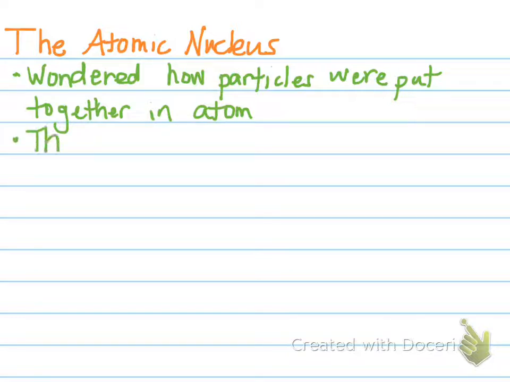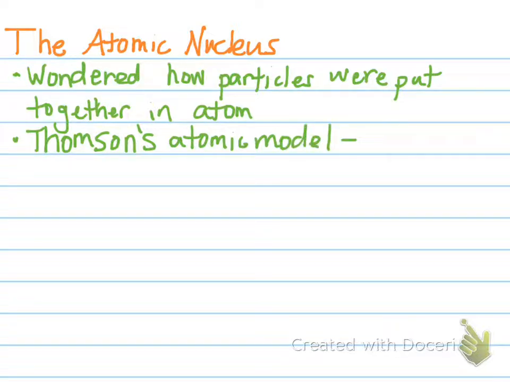We ended the first day by talking about J.J. Thomson, and he came up with an atomic model. His atomic model is called the plum pudding model.